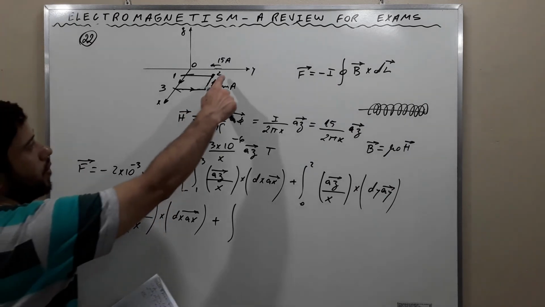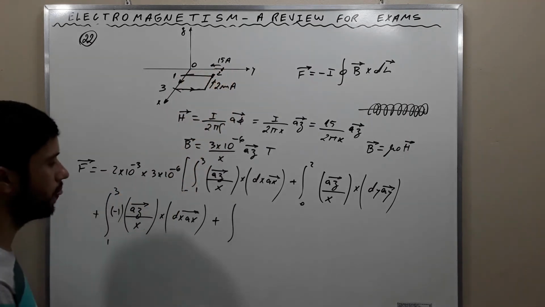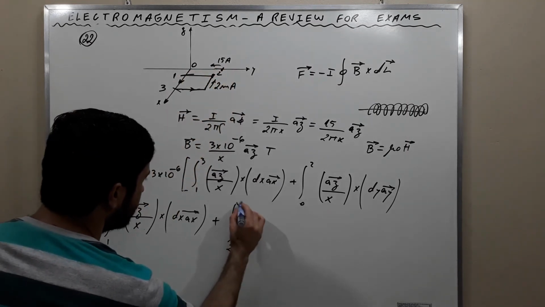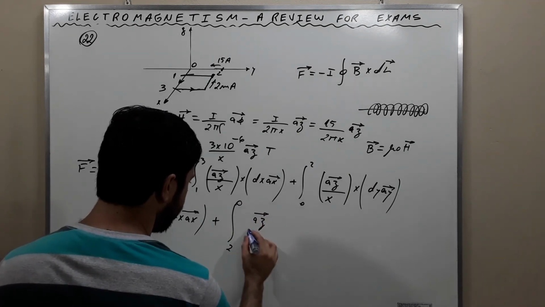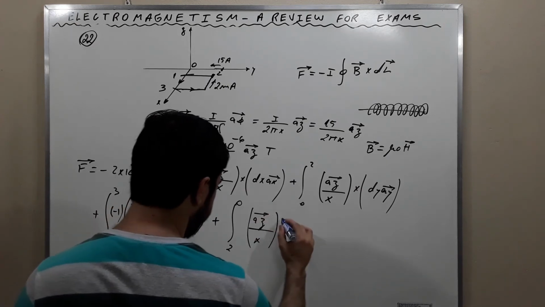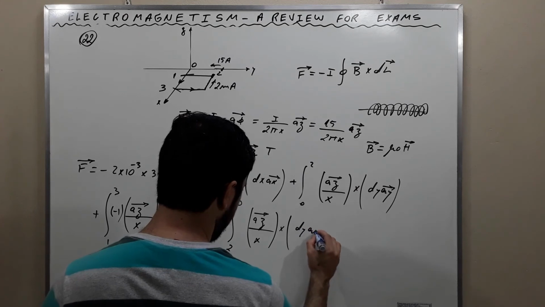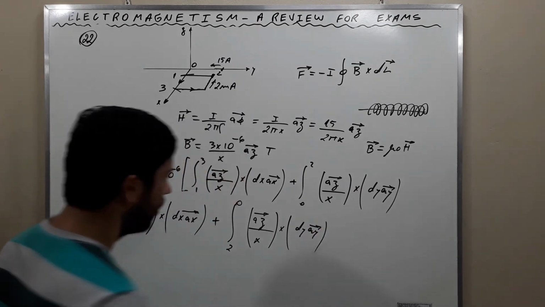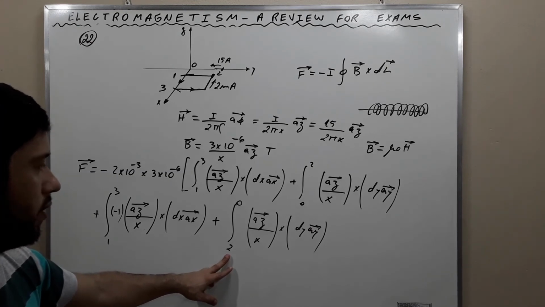And the same can be done in the y direction. We are going to integrate from 2 in y until 0, az over x in a cross product with dy ay. One more time, I calculated it in this way.